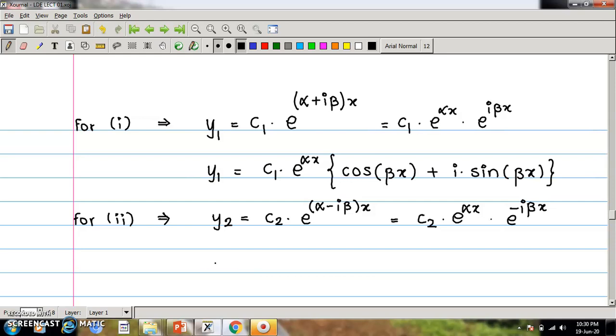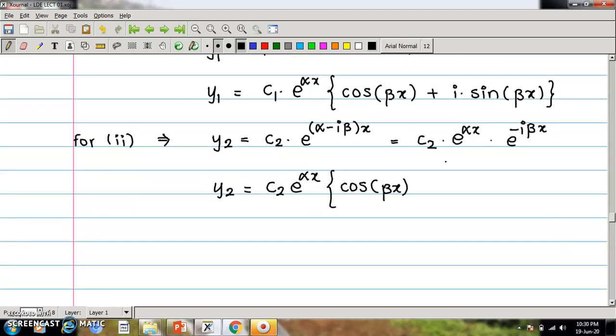We can separate again by using Euler's formula. So y2 is equal to c2 times e raised to alpha x into (cos beta x minus i sin beta x). So this will be the solution for equation number 2.